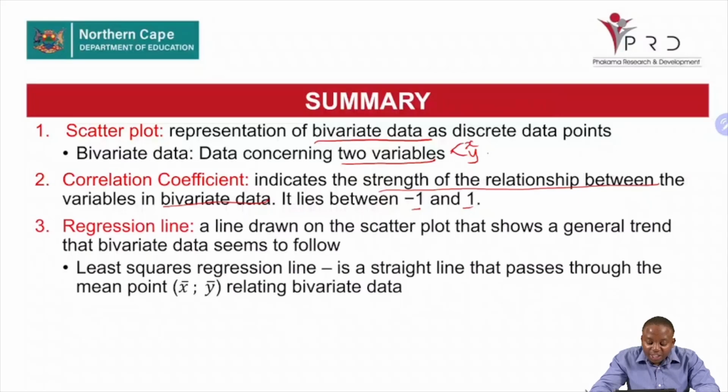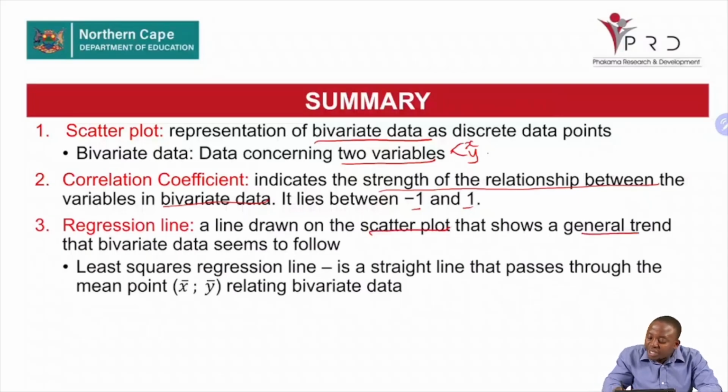We are using the regression line, which is the line drawn on the scatter plot to show the general trend, that is to say, where most points are actually at. This shows whether the data are closer to each other or far apart from each other. When they're far apart from each other, we'll get a weak correlation. So these two go hand in hand.